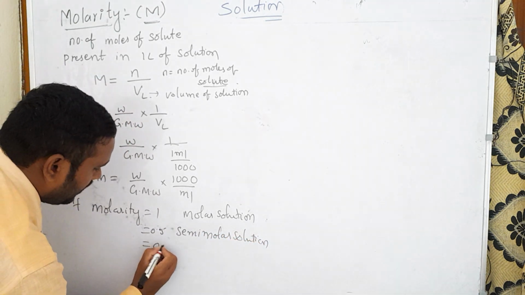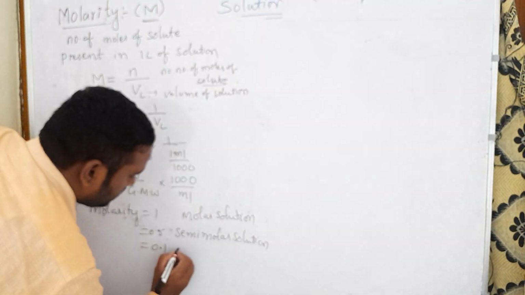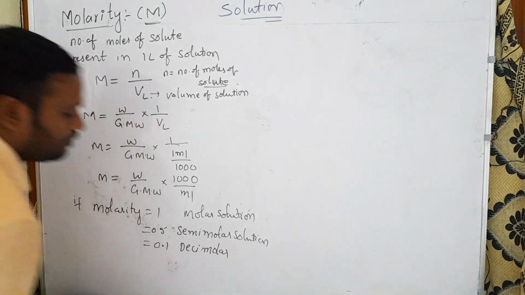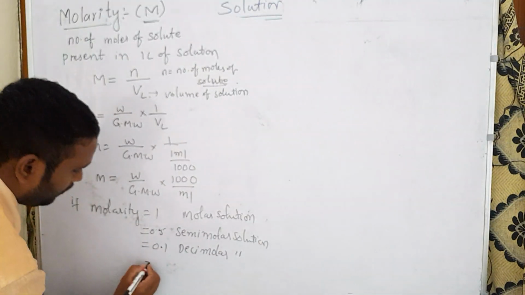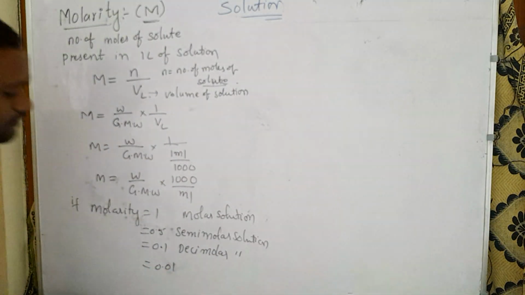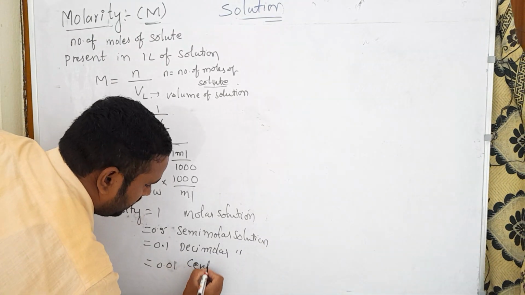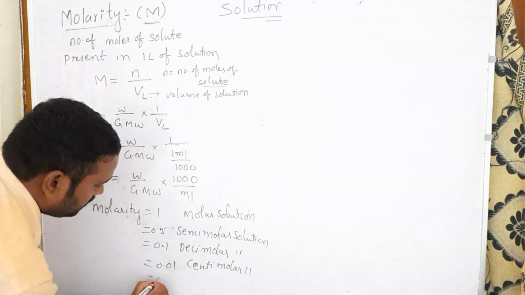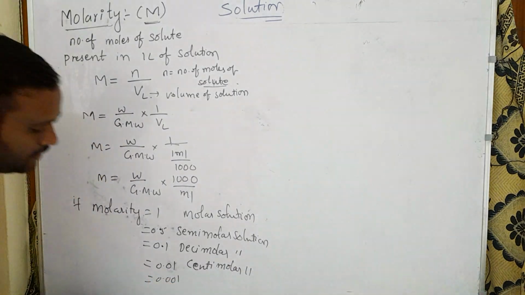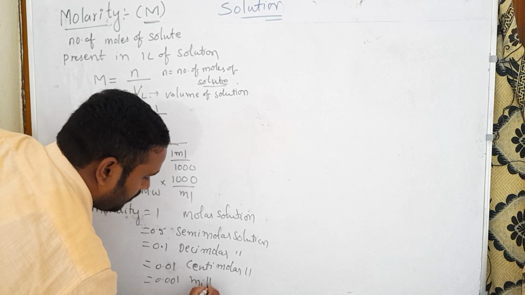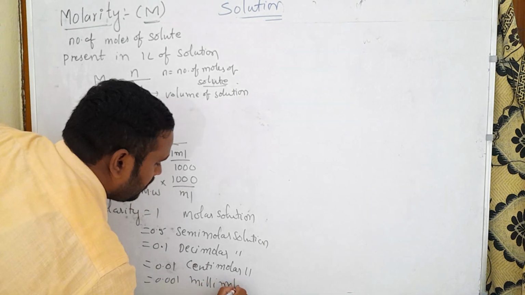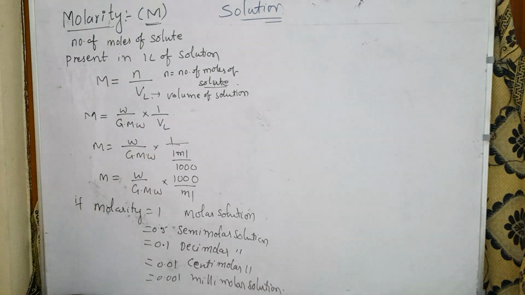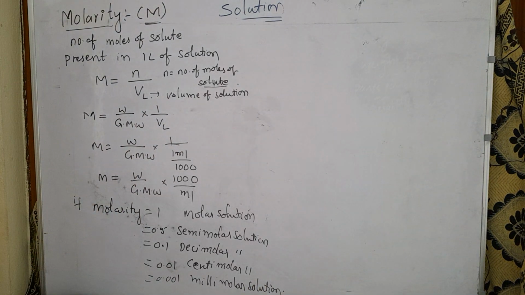If molarity is 0.1, that is a decimolar solution. If molarity is 0.01, that is a centimolar solution. If molarity is 0.001, that is a millimolar solution. Okay, so this is about molarity.